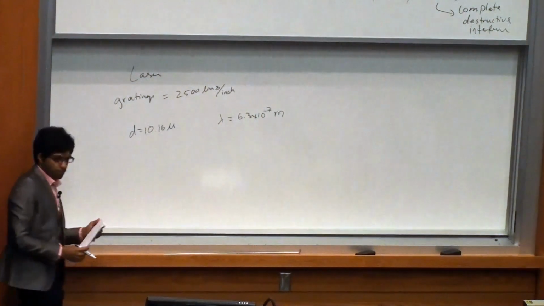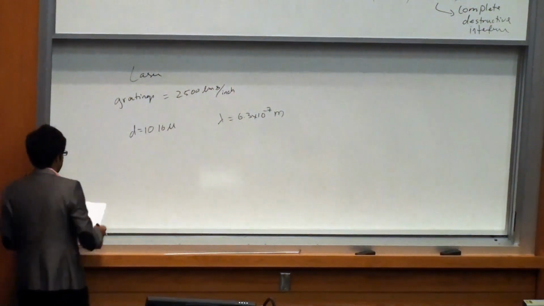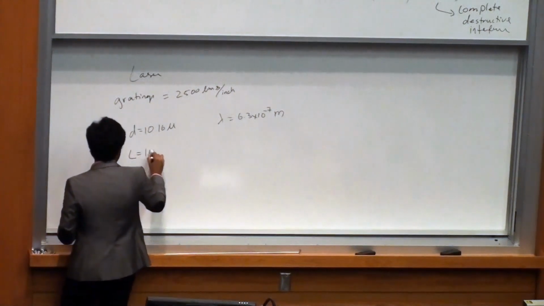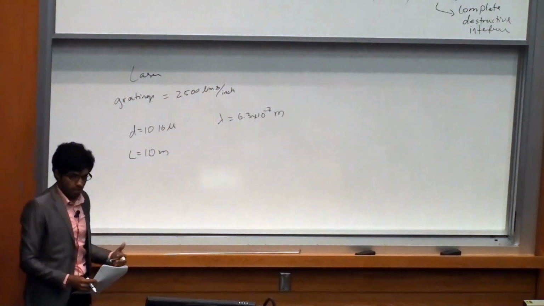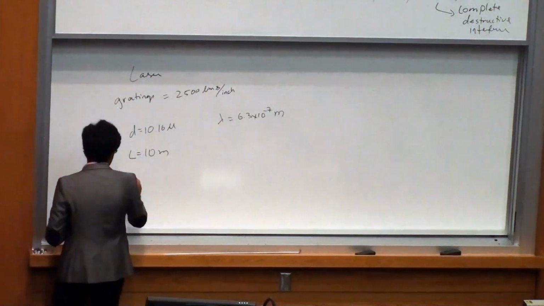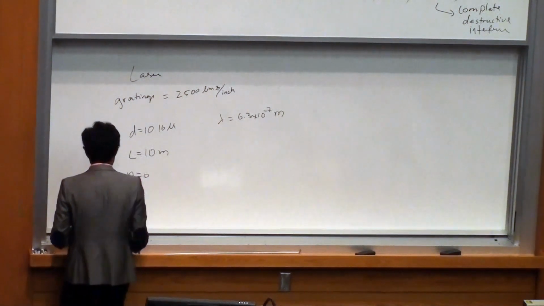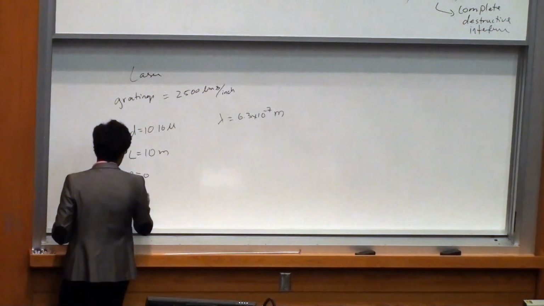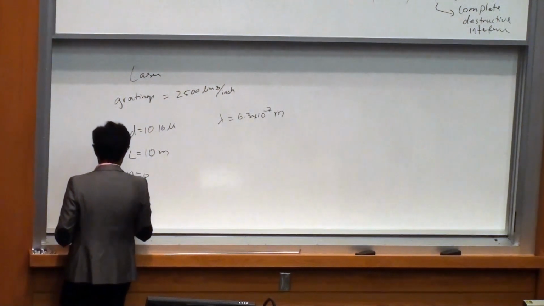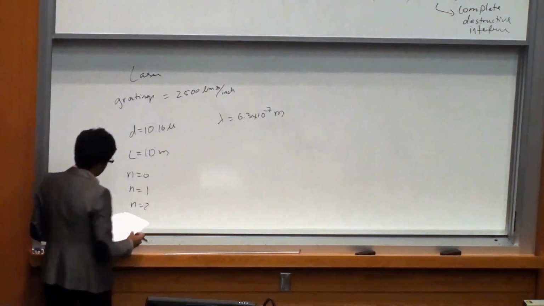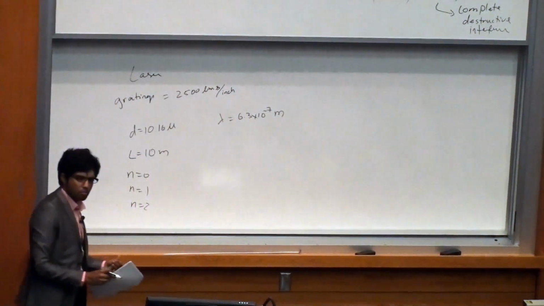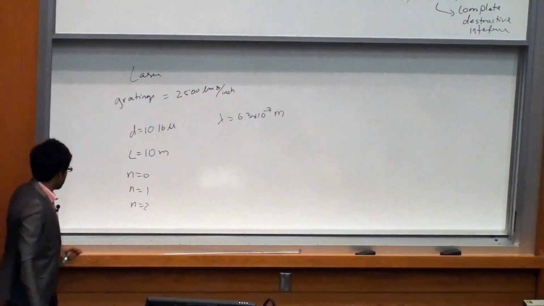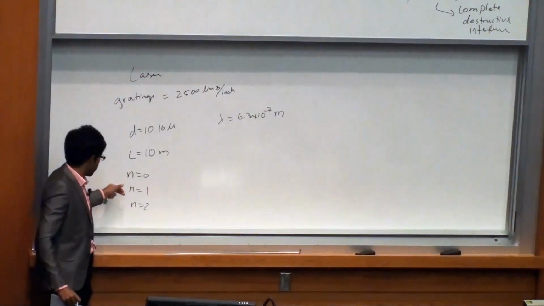If I'm looking at some distance 10 meters away, so L equals 10 meters, and I want the 0th order maximum, which means that n equals 0. First order will be n equals 1. Second order is going to be n equals 2. Different books, different people have different bookkeeping for this. A lot of people will say this is your first order, second order, third order.